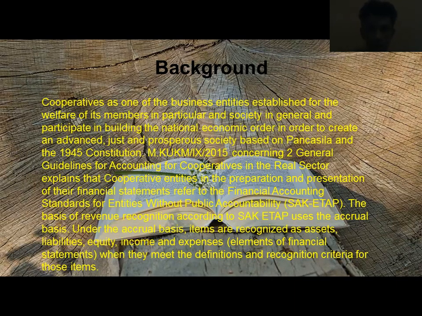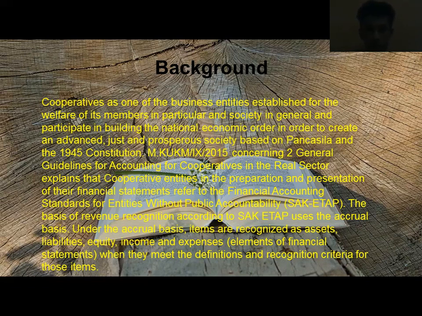Background. Cooperative as one of the business entities started from the welfare of each member in particular and society in general, and participate in building the national economic order in order to create and advance a just and prosperous society based on Pancasila and the 1945 Constitution.